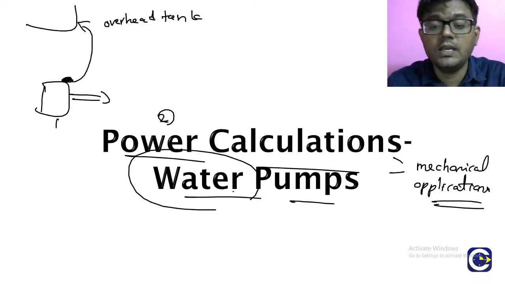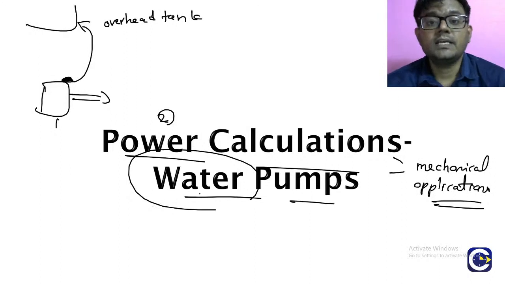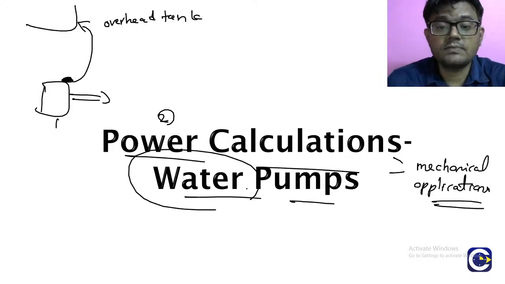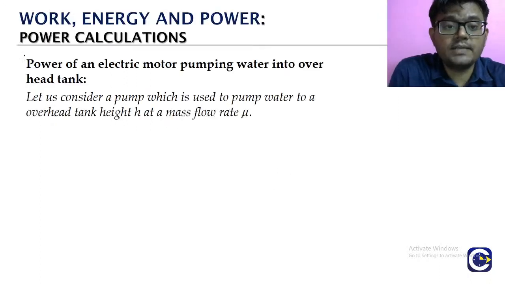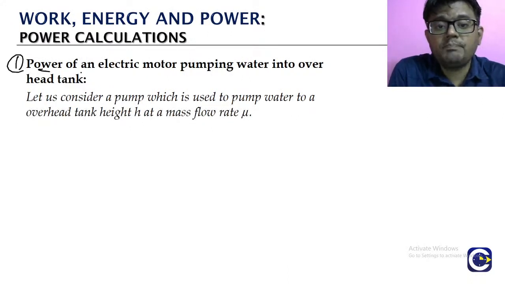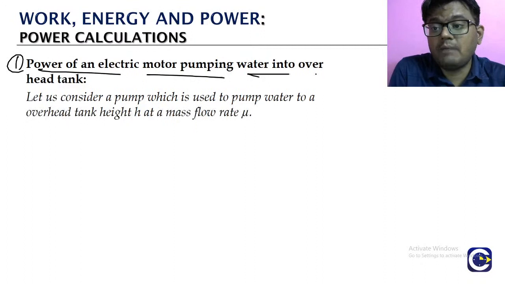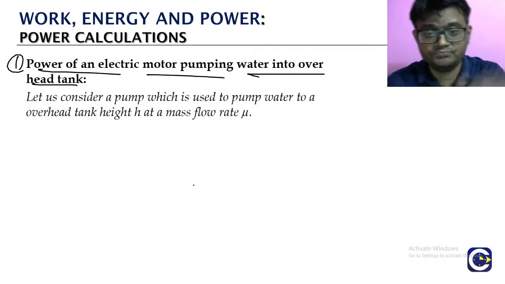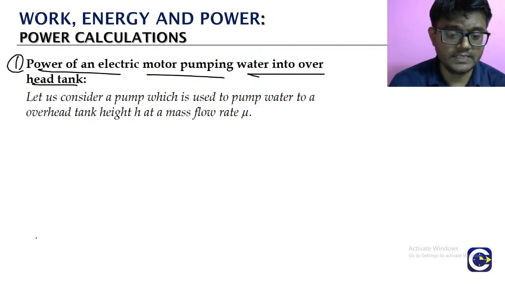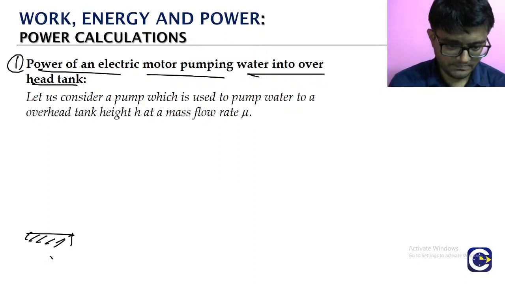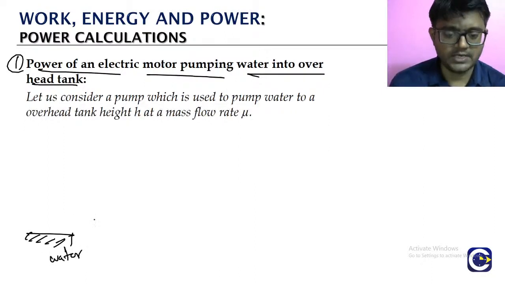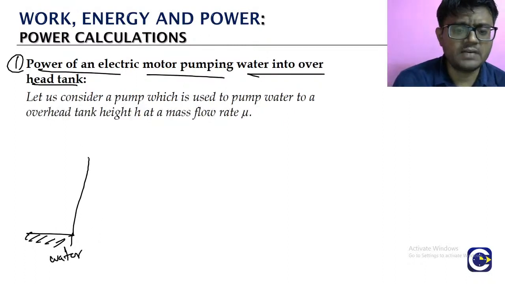We'll see how to deal with the power calculations in the case of a water pump. This is the first scenario: power of an electrical motor pumping water into an overhead tank, meaning from the surface. We have a water reservoir and we are pumping the water into the overhead tank.